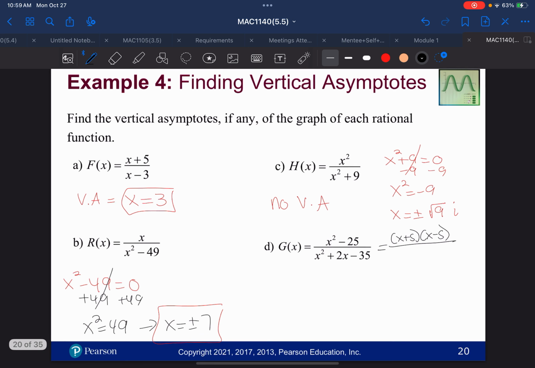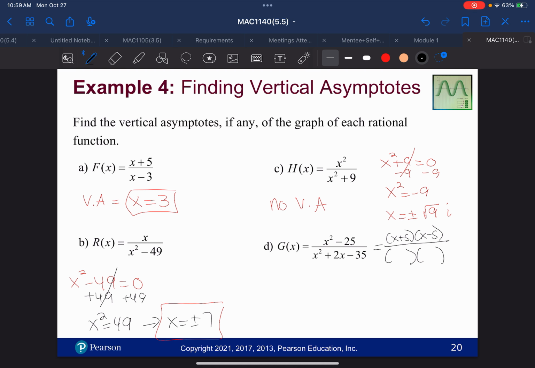The bottom will factor to x minus 5 times x plus 7. And so we see that these x minus 5s will cancel.